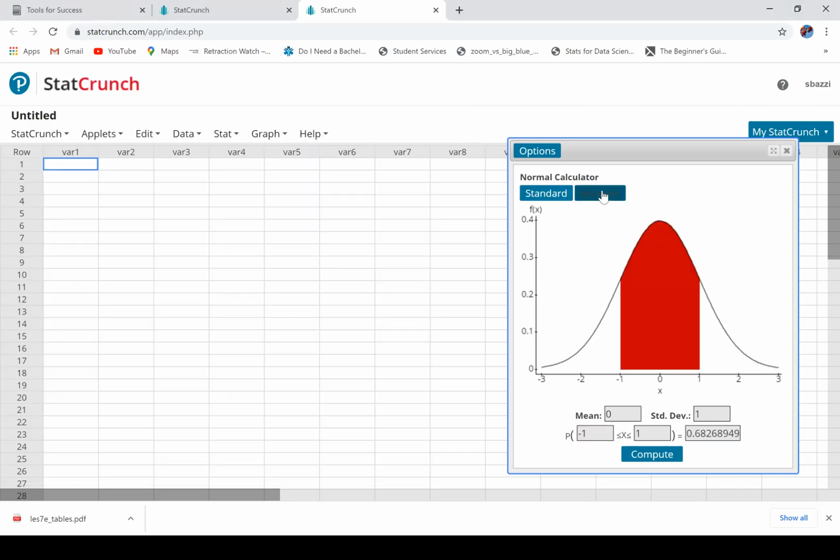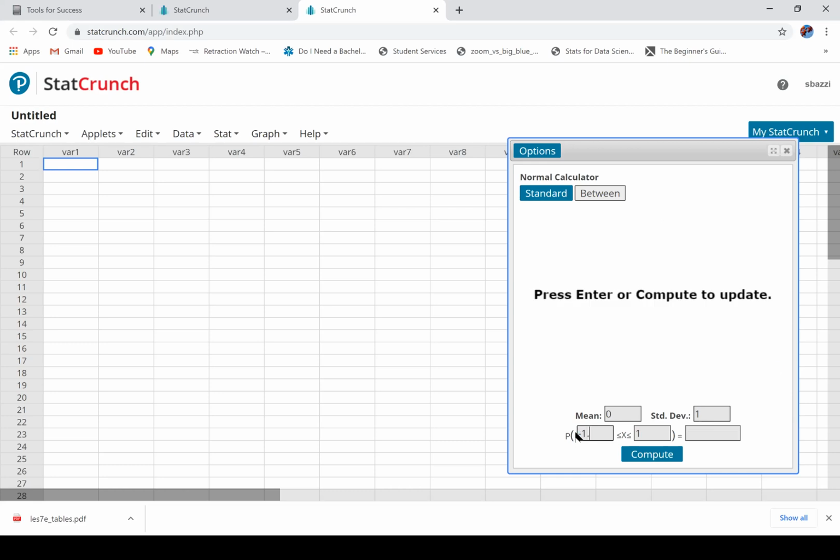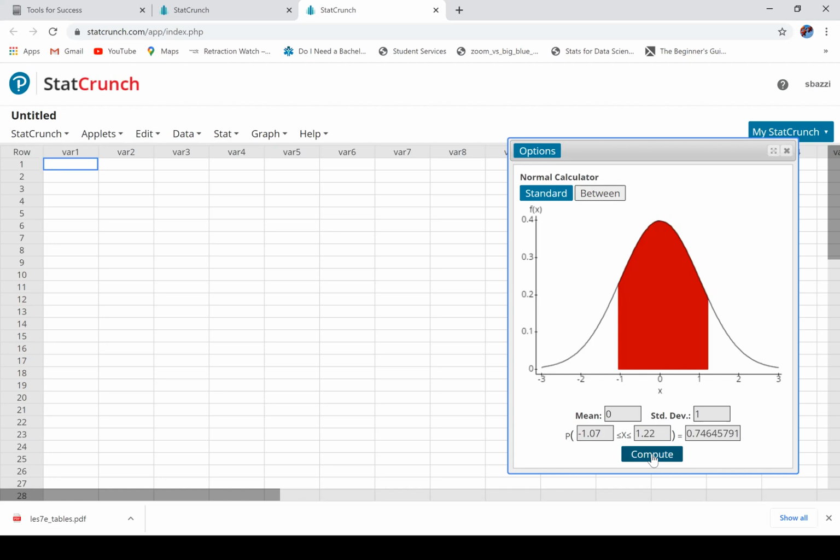Watch, you go here, negative 1.07 and 1.22. I selected between in here and then hit compute, and there you go. You get the answer.